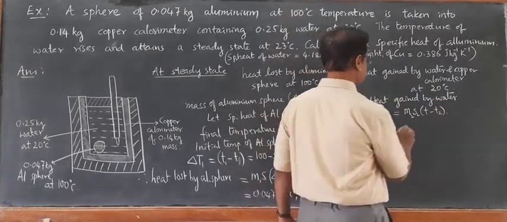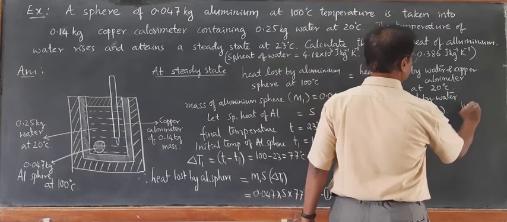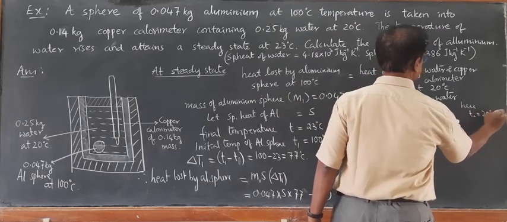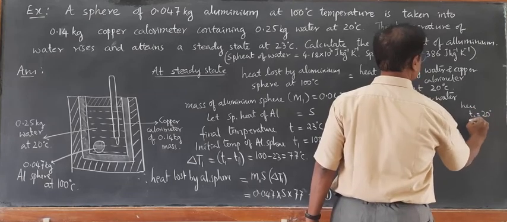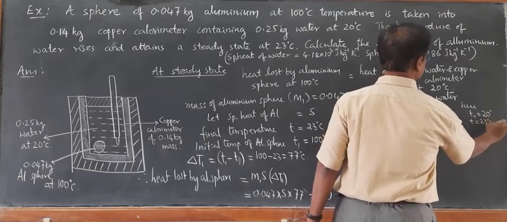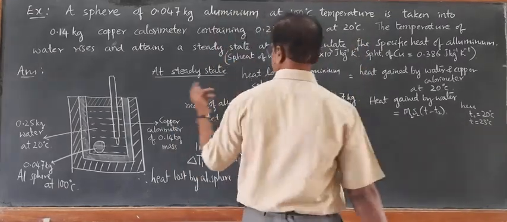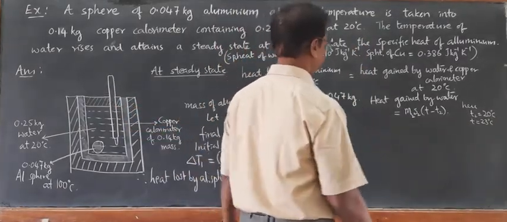So T2 equals 20 degrees Celsius and T equals 23 degrees Celsius. These are given, and the mass of water is given, that is 250 gram.